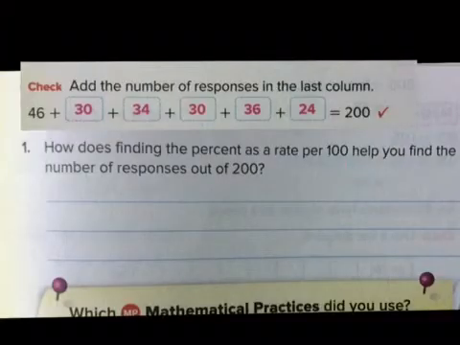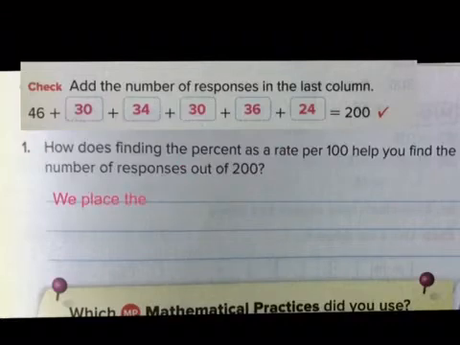Okay, question 1. How does finding the percent as a rate per 100, meaning out of 100, how we did all the percents, we put them over 100, help you find the number of responses out of 200? Well, boys and girls, that's simple.